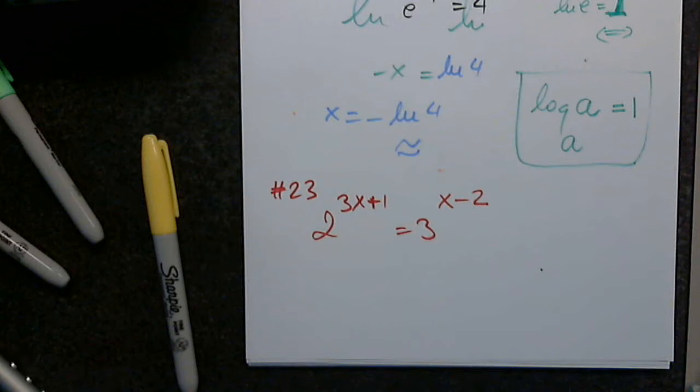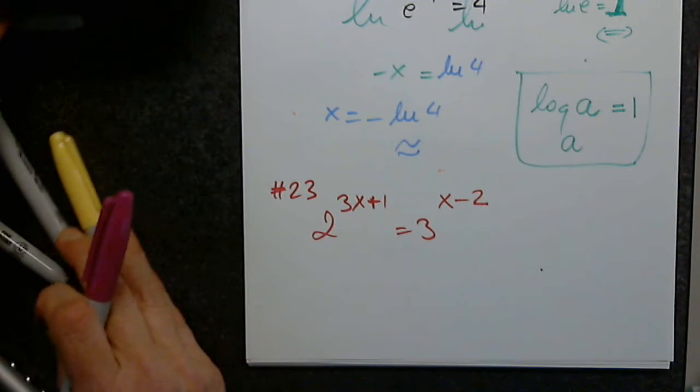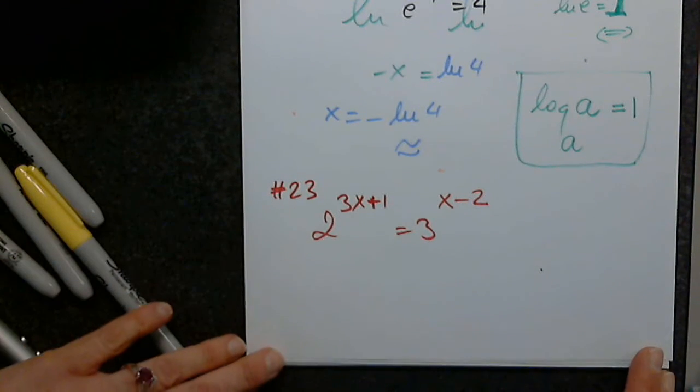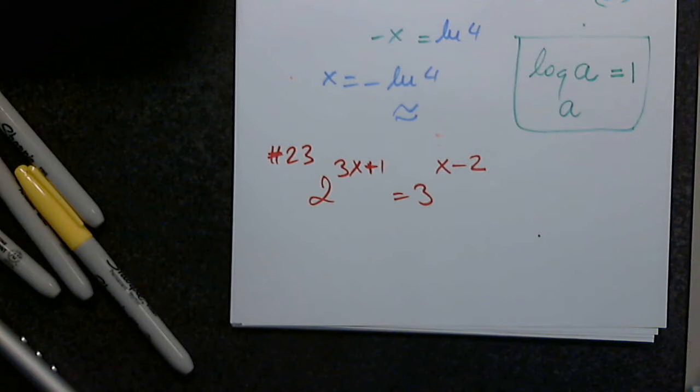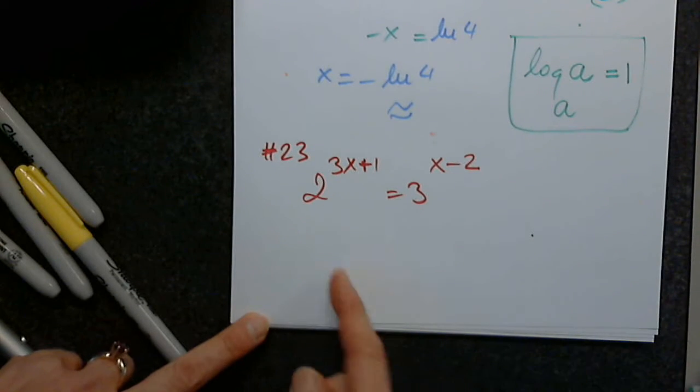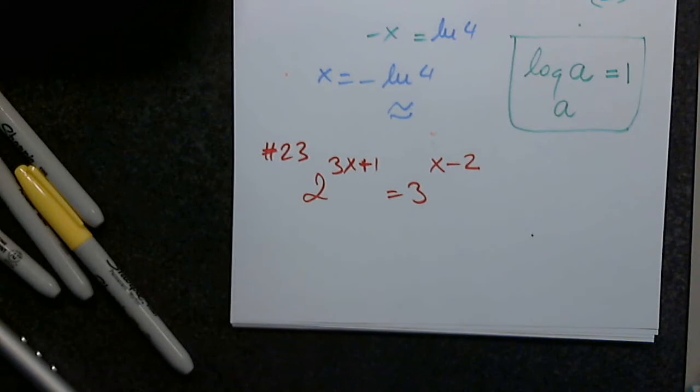Since the left and the right cannot be presented with the same base no matter what you do, the only chance I have to solve this equation is, does it matter which log? No, because this is base 2 and this is base 3, it doesn't matter.